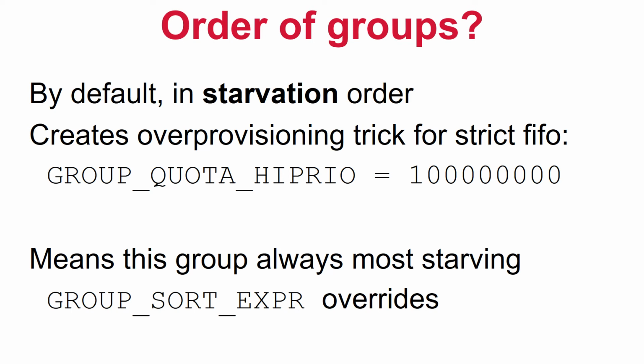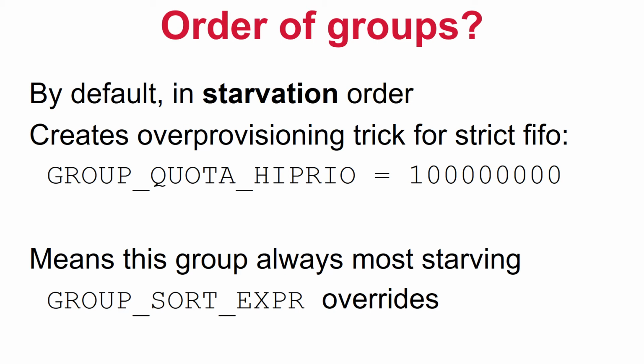A trick to do this is over-provisioning. Let's say that you know that your pool will never be larger than 10,000 cores. If you set a group quota to an absurdly high number, let's say 10 million, that group will always be the furthest from its quota, no matter how many jobs it has running, and thus it will always go first. But if that group does not have 10,000 cores worth of work, then the next group will go.